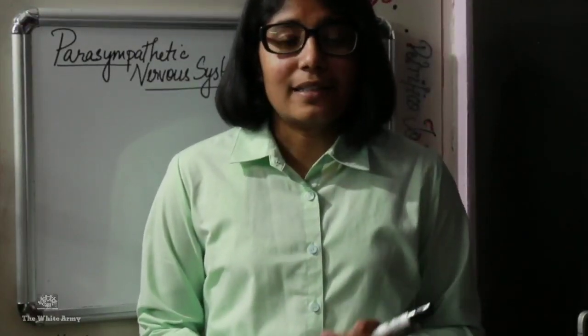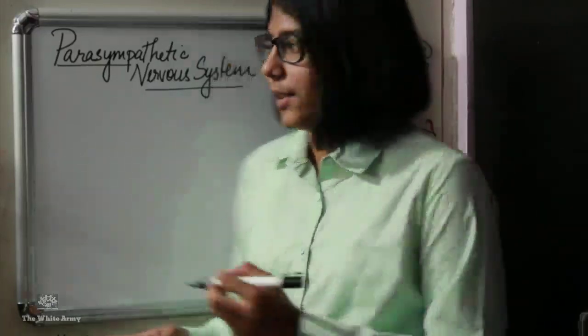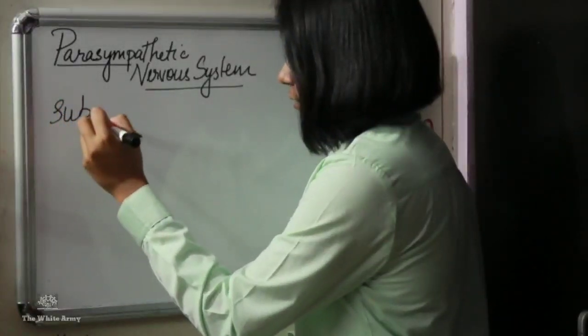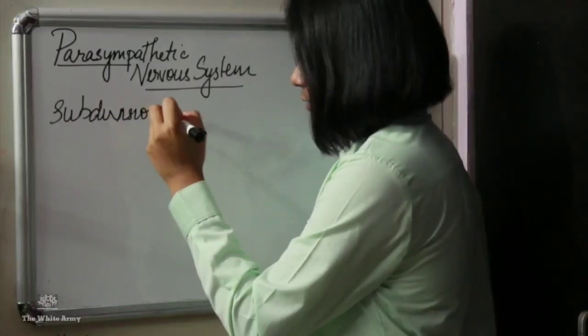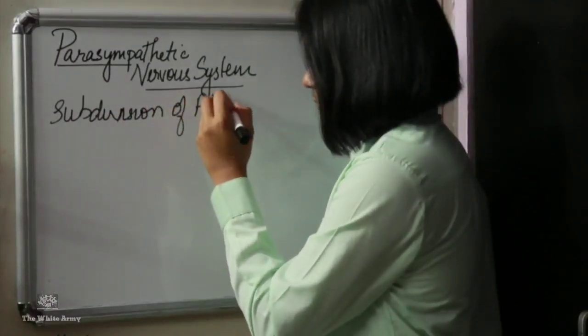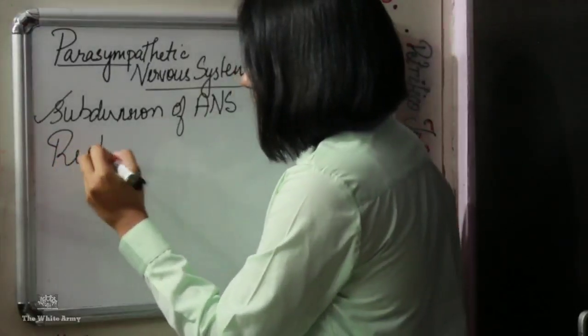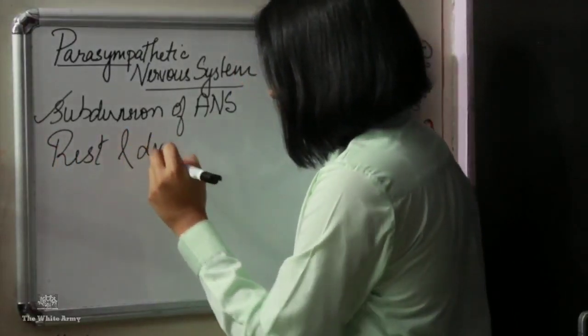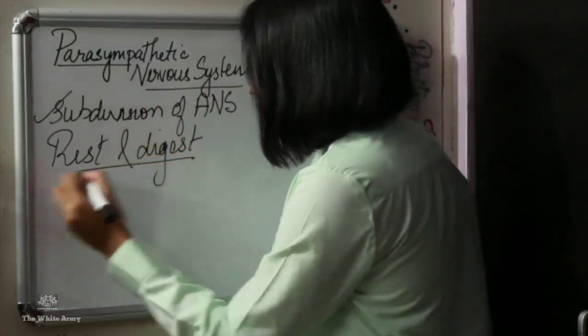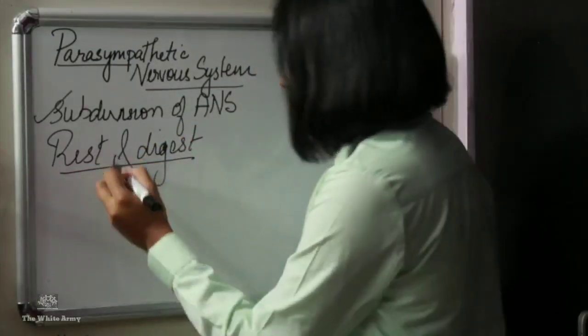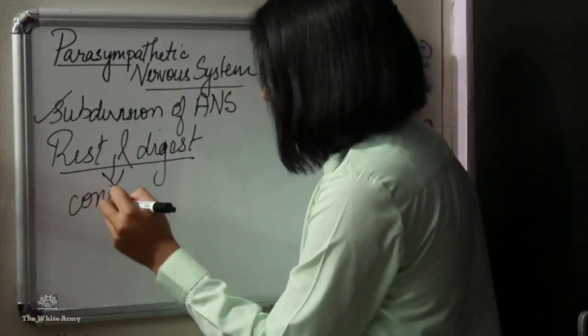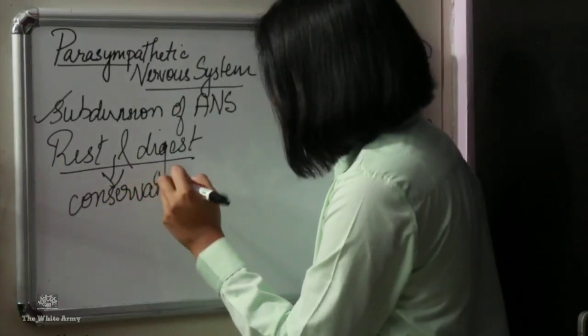So the PNS is a subdivision of the autonomic nervous system. This is associated with the terms rest and digest, because the parasympathetic nervous system is concerned with conservation of energy.